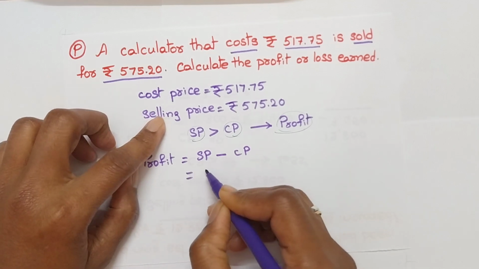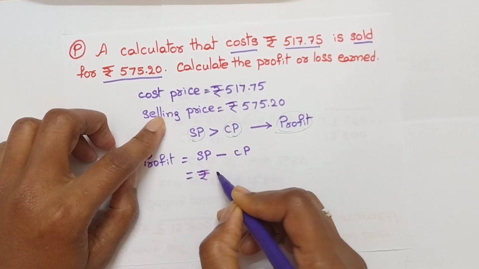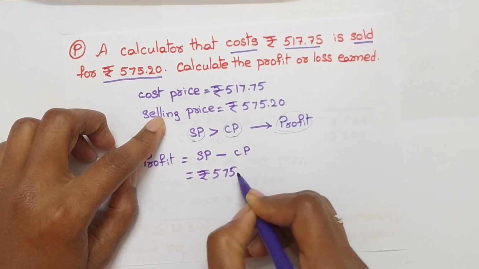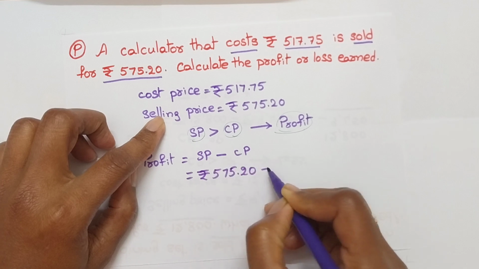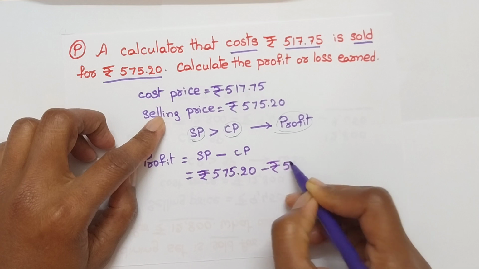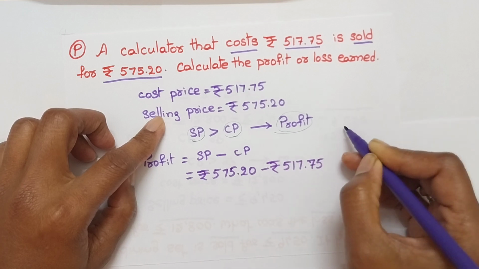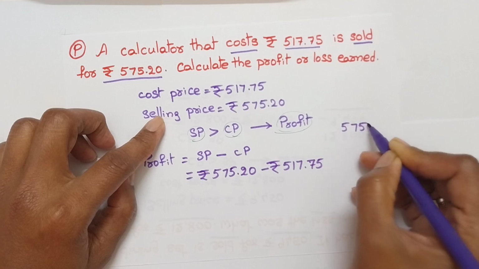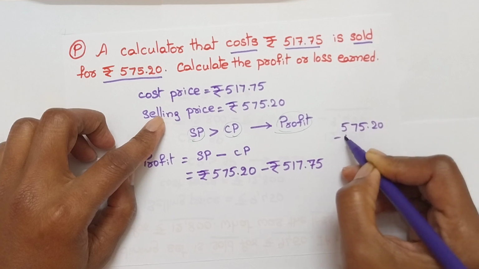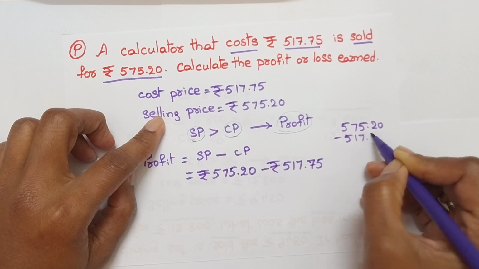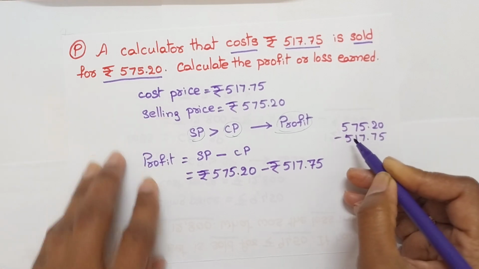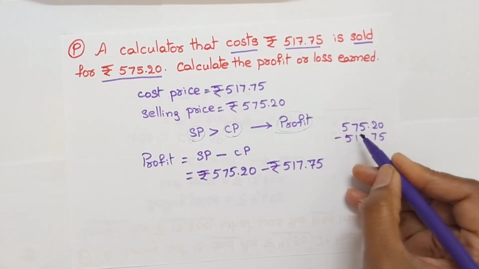Selling price is rupees 575.20 minus rupees 517.75. That is, we need to do subtraction. This is the calculation we need to do.